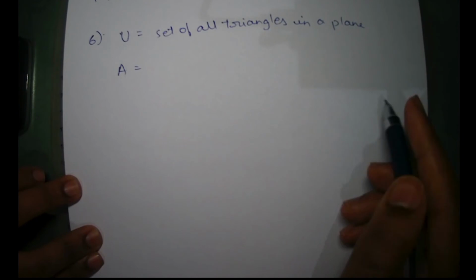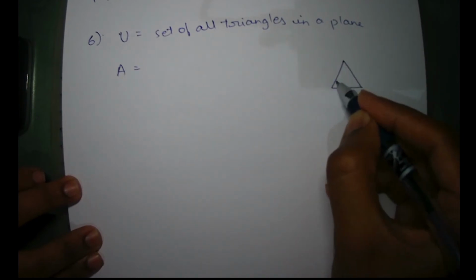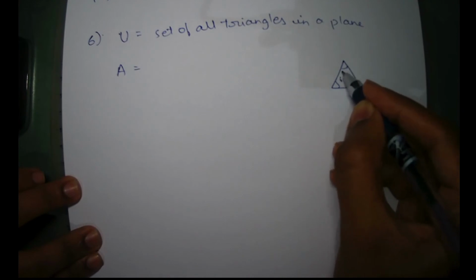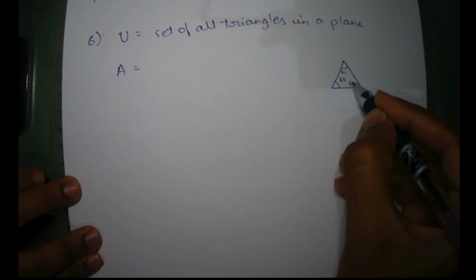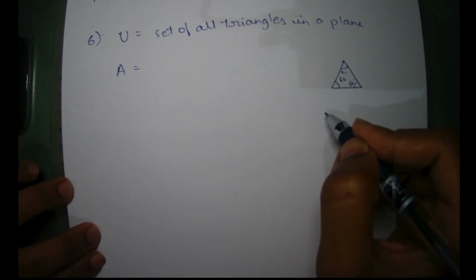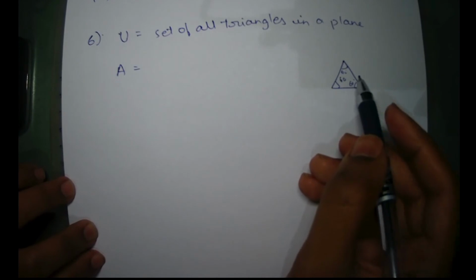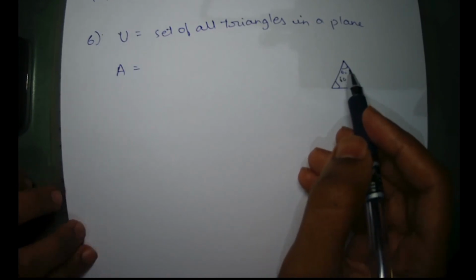So we know that if a triangle has all angles 60 degrees, then it is called an equilateral triangle, correct? So if at least one angle is different from 60 degrees, then it cannot be an equilateral triangle.